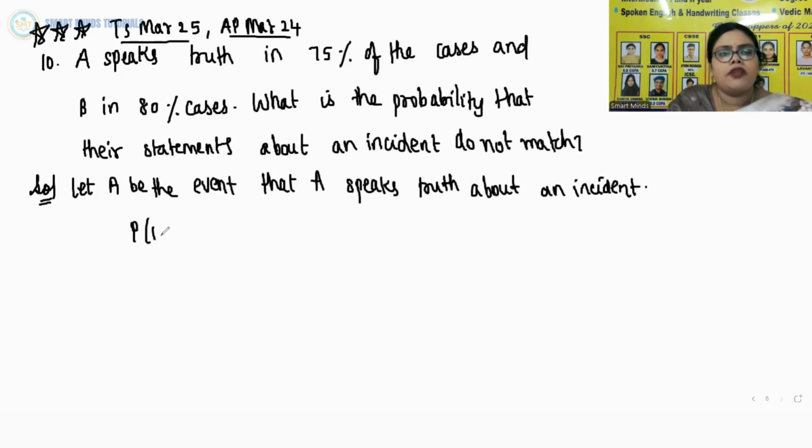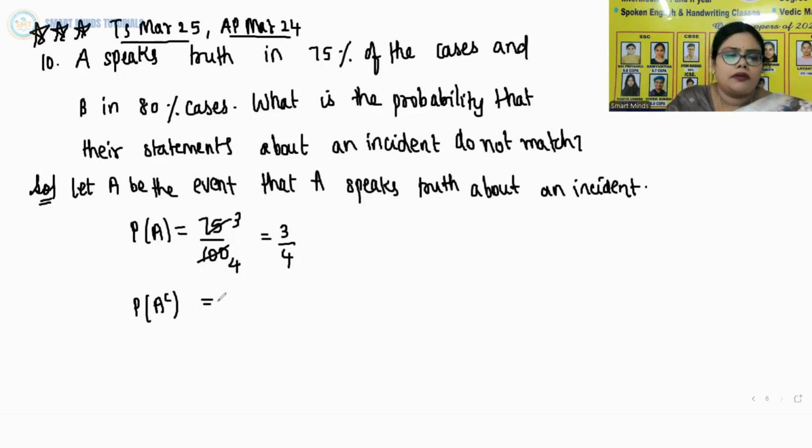What is P of A? 75 by 100. 25 threes are 75, 25 fours are 100. So that is 3 by 4. Now what is P of A complement? P of A complement is 1 minus P of A. That is 1 minus 3 by 4, which is 1 by 4.